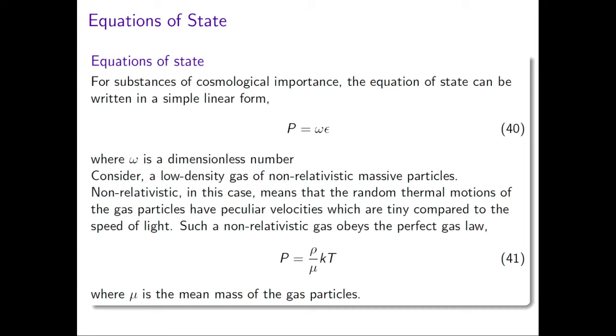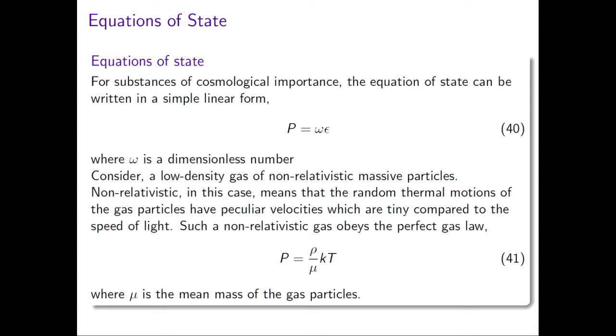And so in this case, we can form a linear relation between the pressure and the energy density of the particles. Here omega is nothing but a dimensionless number, a quantity that has been introduced so that we can relate the pressure to the energy density directly.